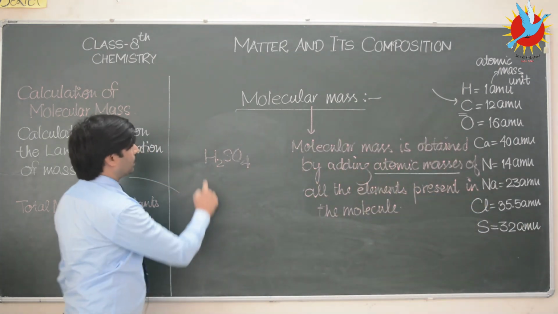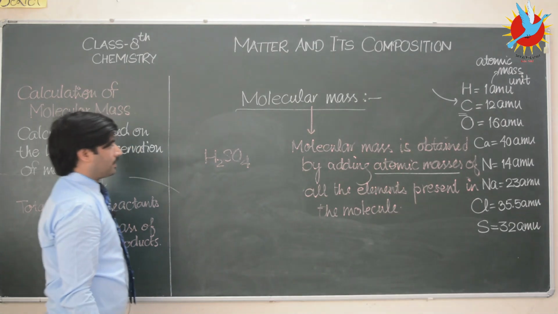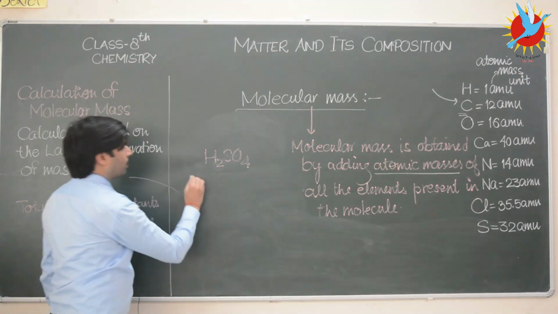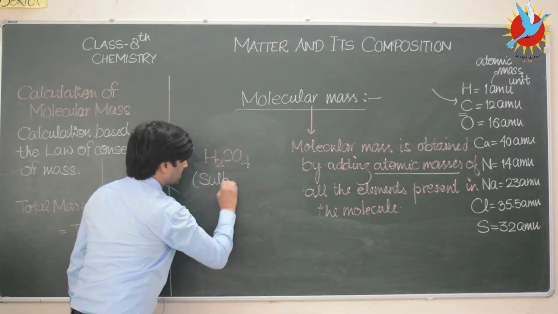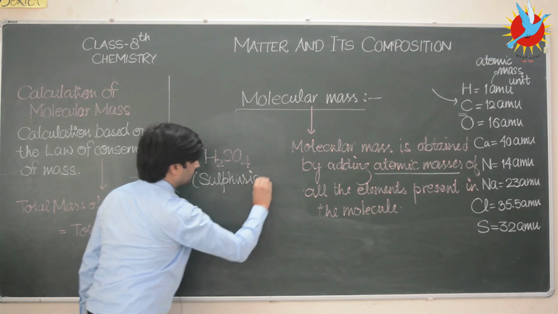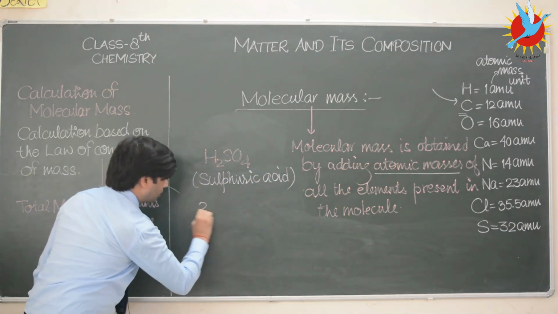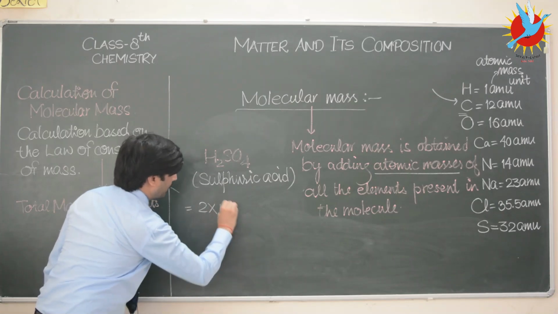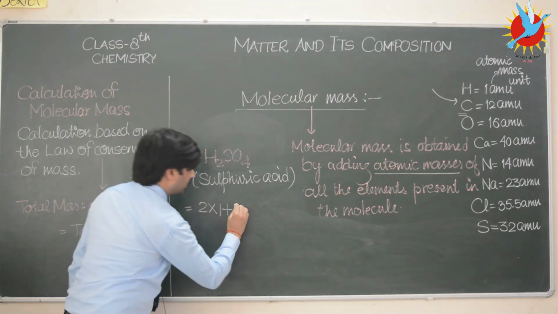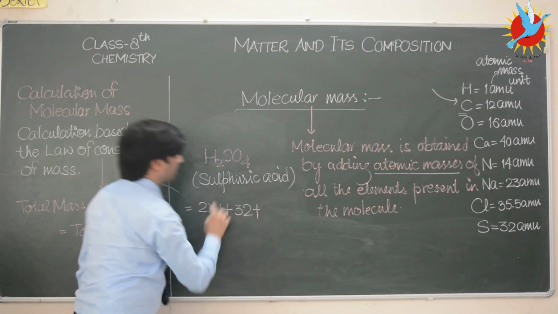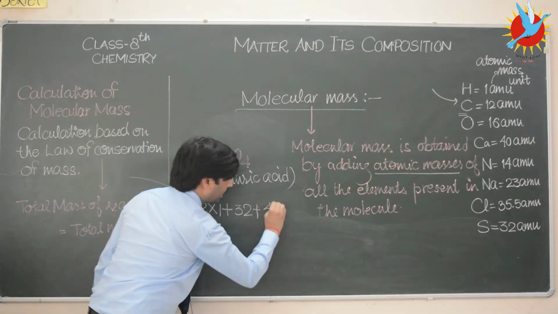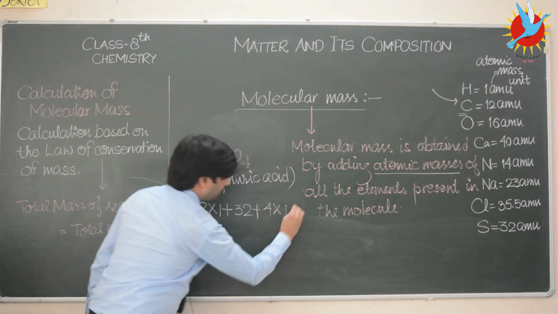H2 is 2 into 1, plus 1 S, that's 32, plus 4 oxygen, 4 into 16.